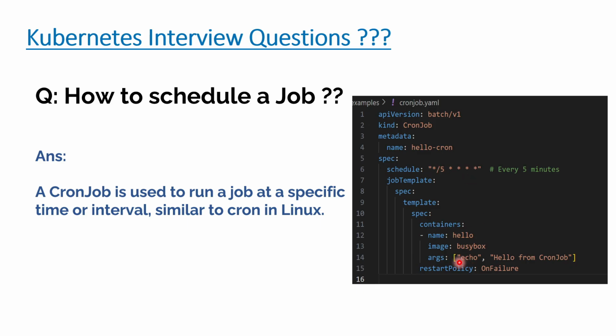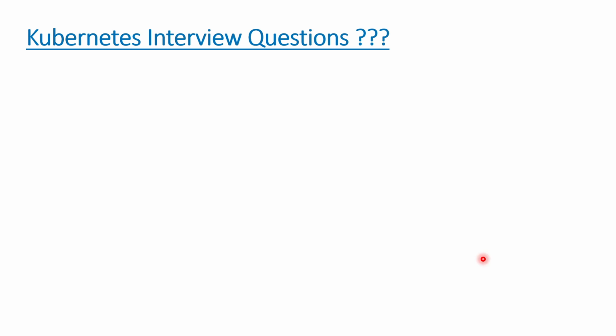It will run the same command every 5 minutes. You see the echo hello from cron job will run on a busybox container in this cron job, and you can see the logs. It's easy peasy. There's another kind called Job, which we'll talk about later, not a cron job, that you can run only once. So cron job is for multiple executions, and job is for a single time.